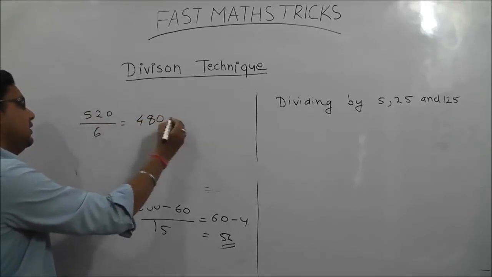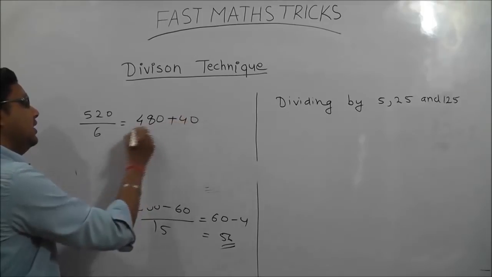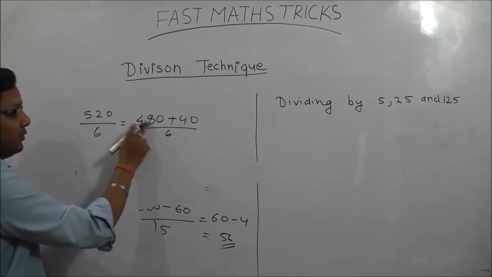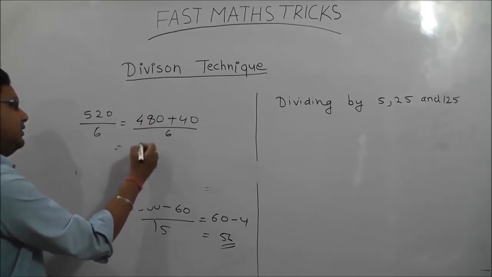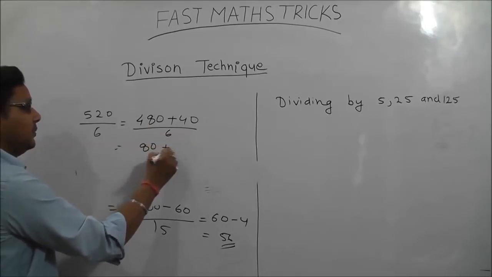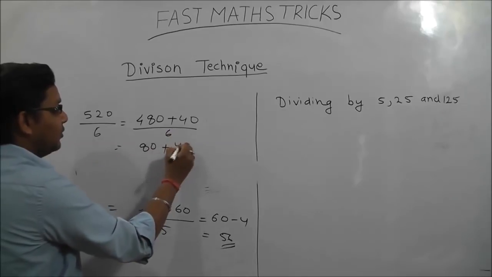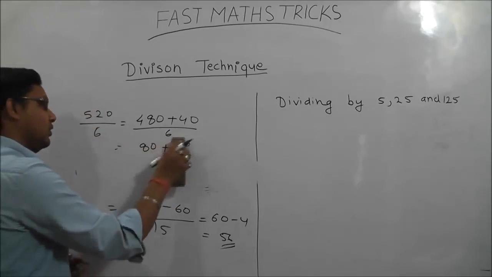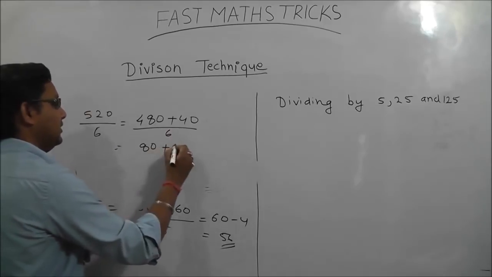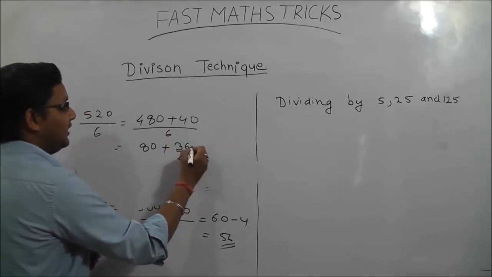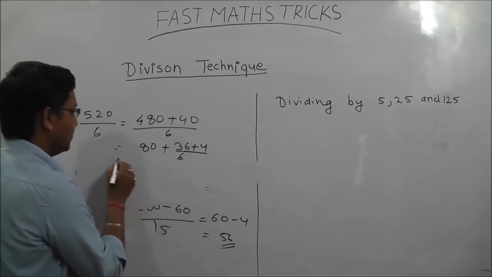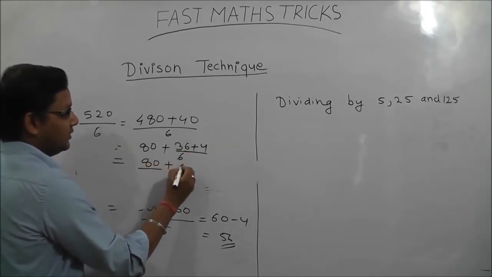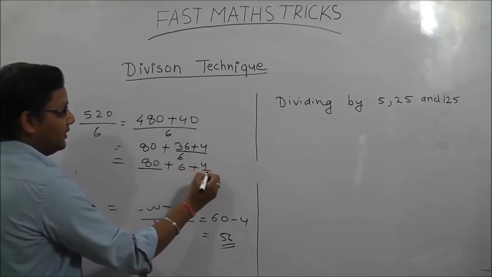840 plus 40 upon 6. So 840, we can now easily divide. So that is 80 plus now 40 upon 6. Okay, so this 40 also we can divide as 36 plus 4. So how much will we get? 80 plus 6 plus 4 by 6.